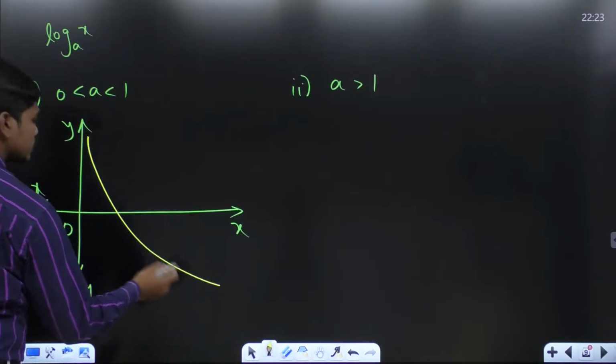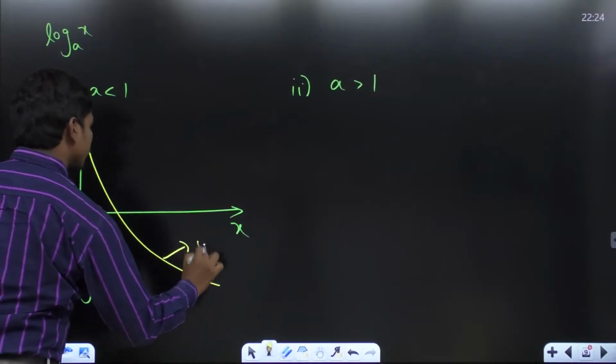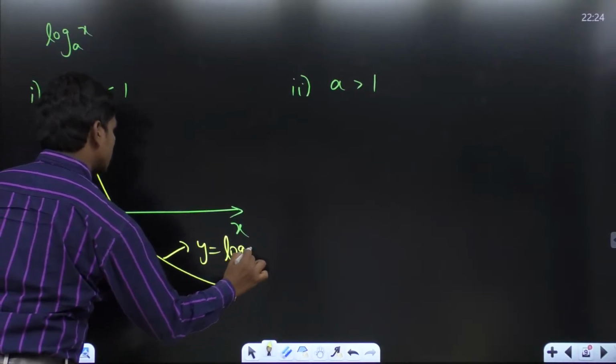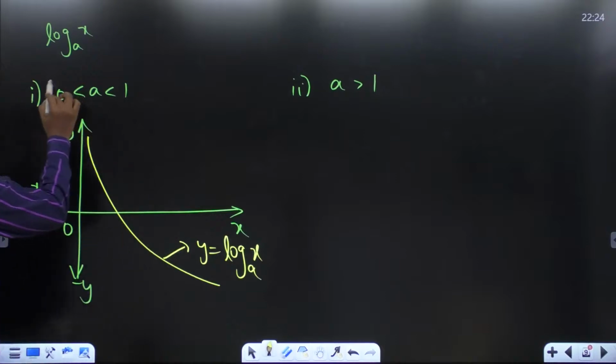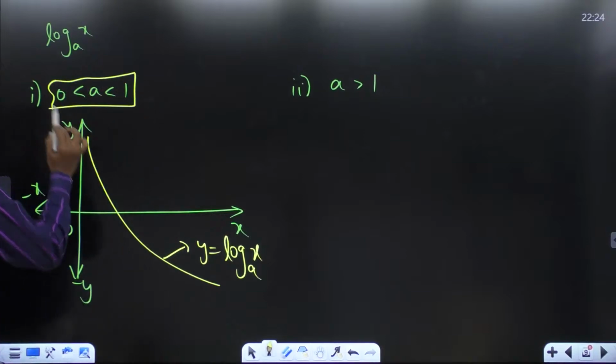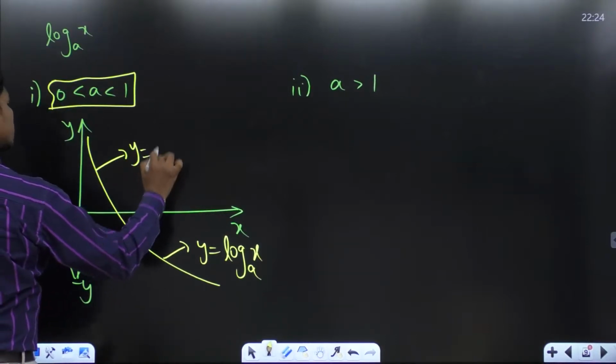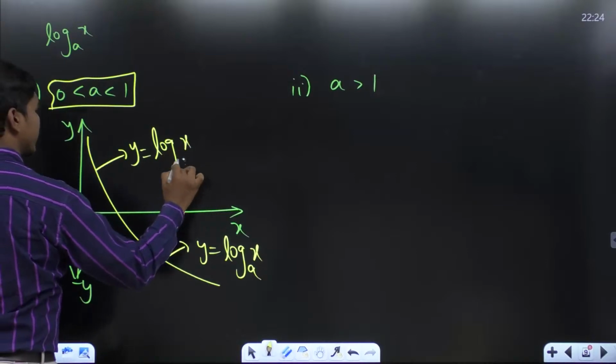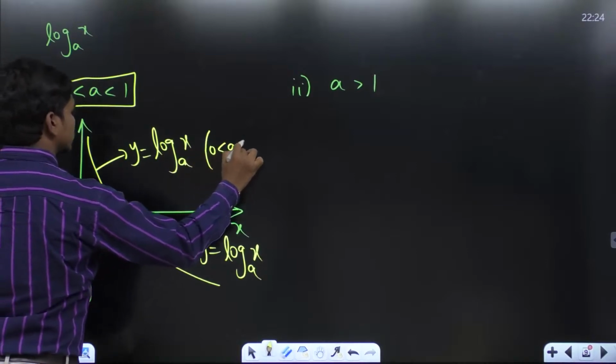Of course, it is decreasing. This is y is equal to log x to the base a, for the case 0 less than a less than 1.